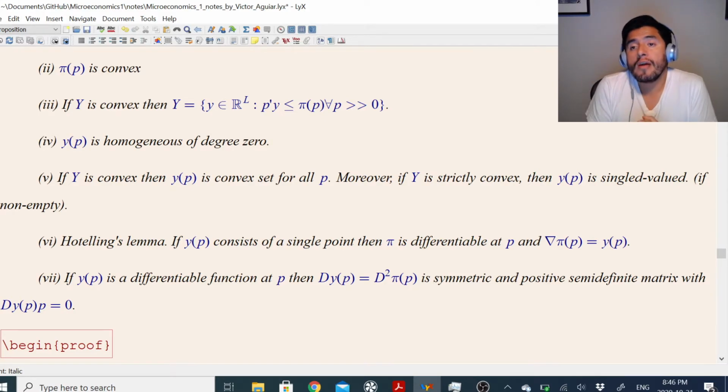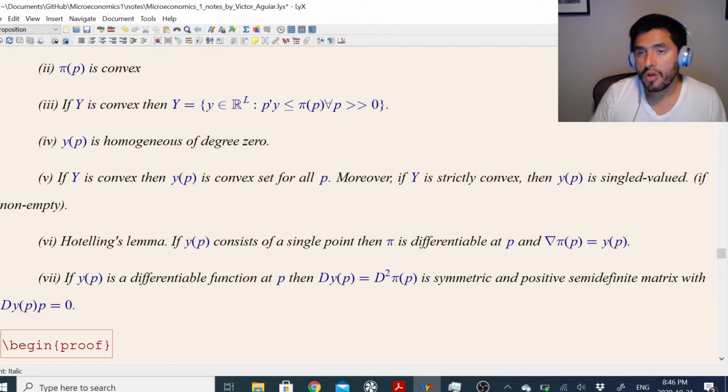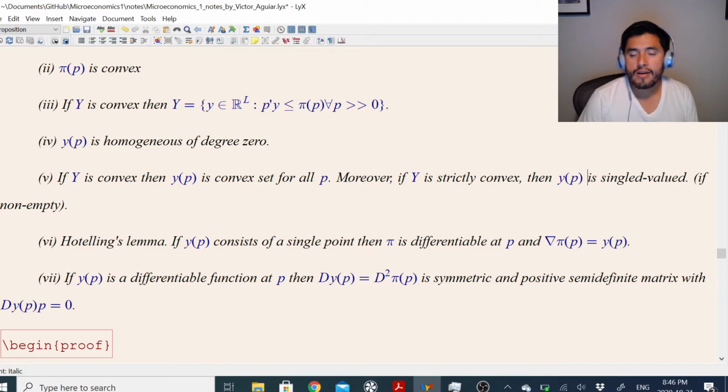But the real important thing for modeling is that if Y is strictly convex, so your returns are actually decreasing instead of non-increasing, then the supply correspondence is single valued. So you only have a supply function. That's important. And now we have the analogue of Roy's identity.